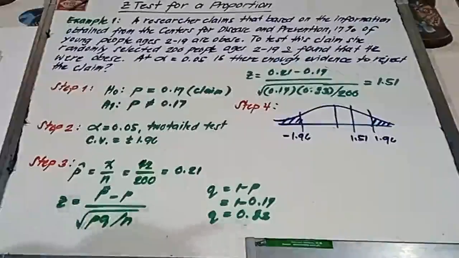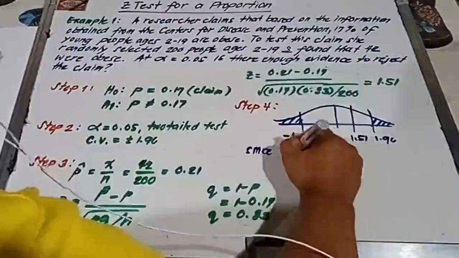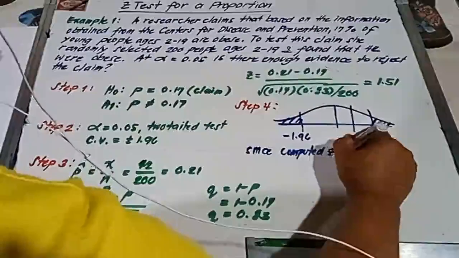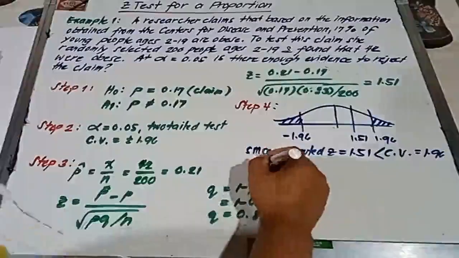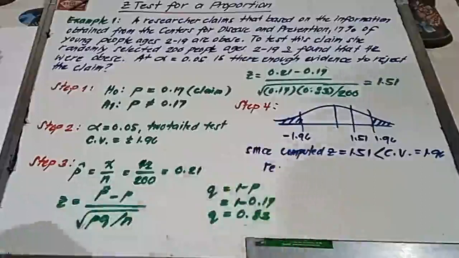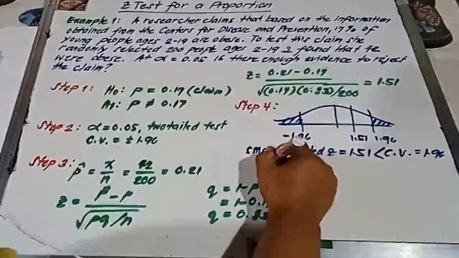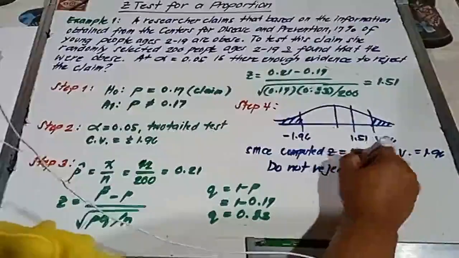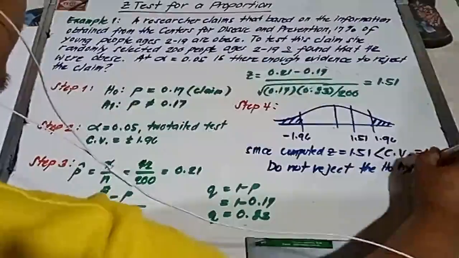Now, since yung ating computed z value, which is equal to 1.51, is less than the critical value equal to 1.96, our decision is accept the null, or do not reject the null hypothesis. Okay.